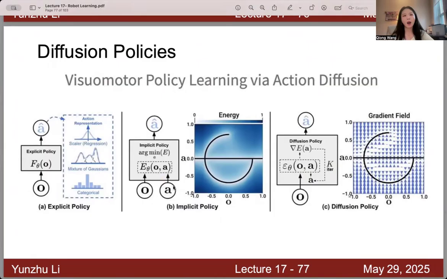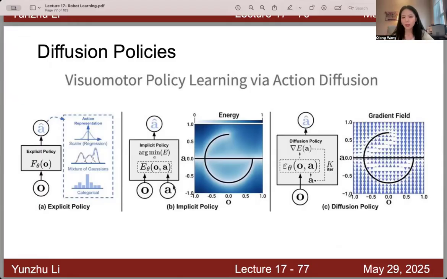Another amazing policy is the diffusion policy. This is visuomotor policy learning through action diffusion. The left one is the explicit policy. We learn everything through a function. The middle one is the implicit policy. We use the energy model to find the minimum energy cost policy.